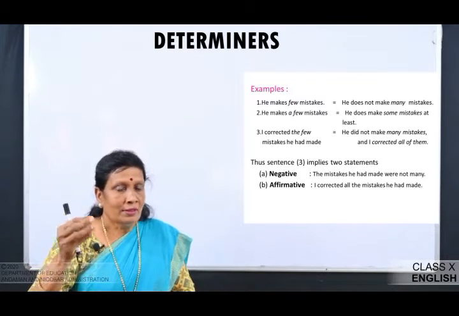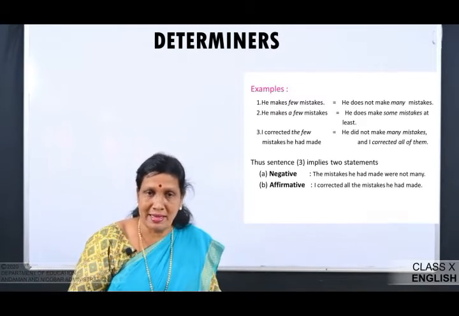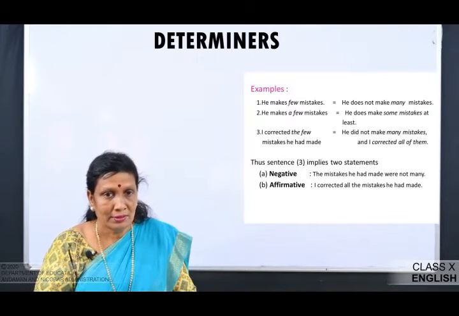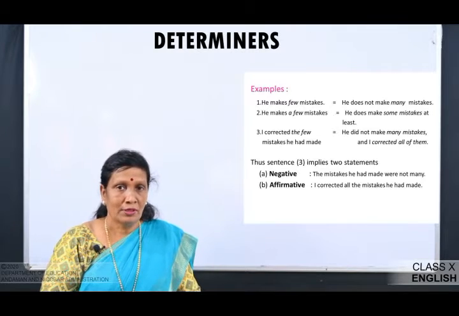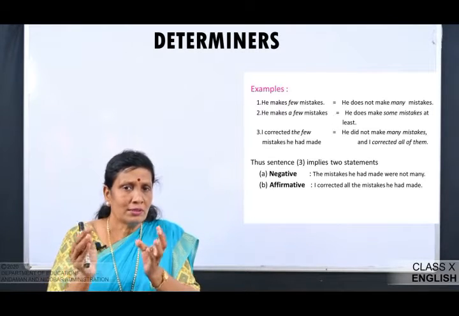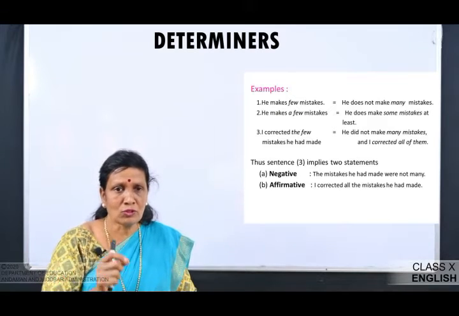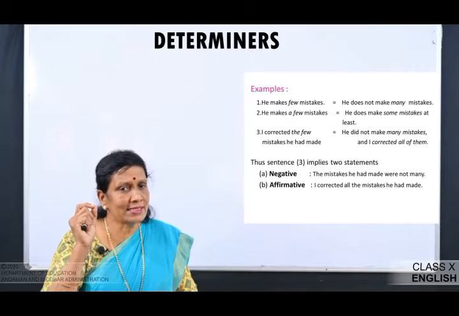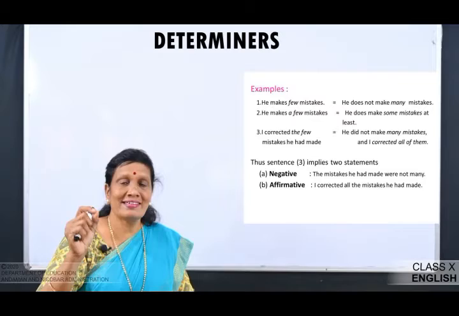So he did not make many mistakes, and whatever mistake was there, I corrected all of them. So we talk about the particular mistakes he had made. So children, the few.